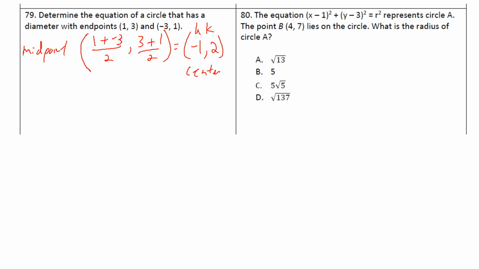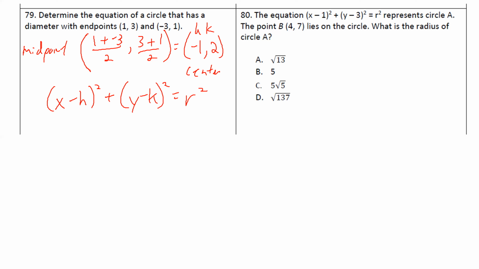Now, the radius. The radius is the distance from the center to the circle. So it doesn't matter which one of these points you use, but we're going to use our circle formula, which again is X minus H squared plus Y minus K squared equals R squared.